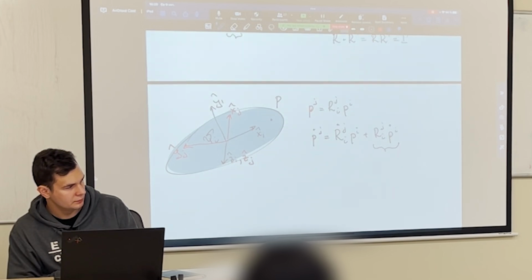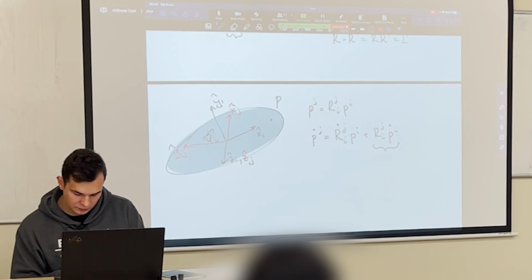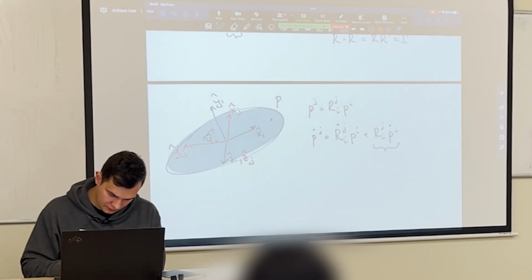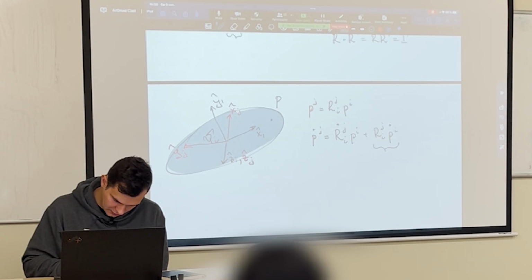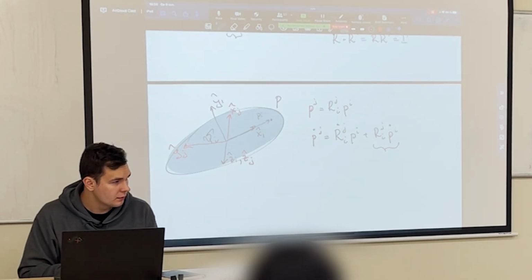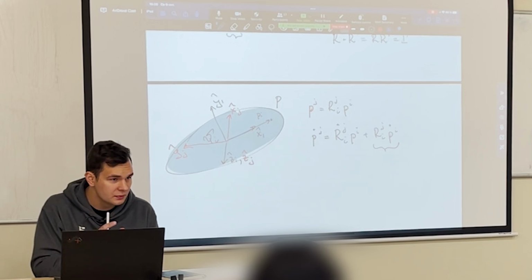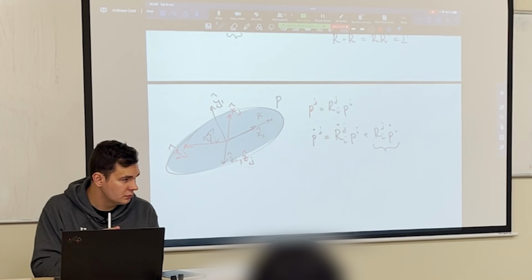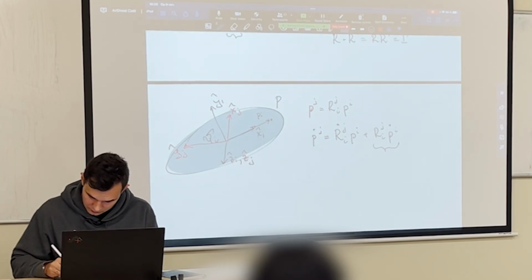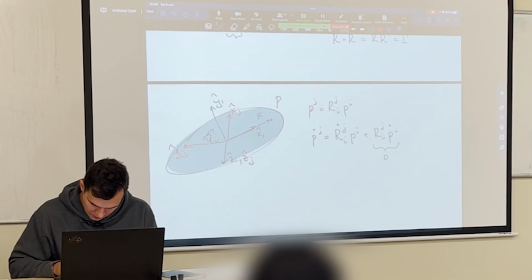It's the velocity of P. Look, Pi is this distance, which is fixed. What will be the time derivative of a fixed value? 0. So the Pj dot equals R dot ji Pi.